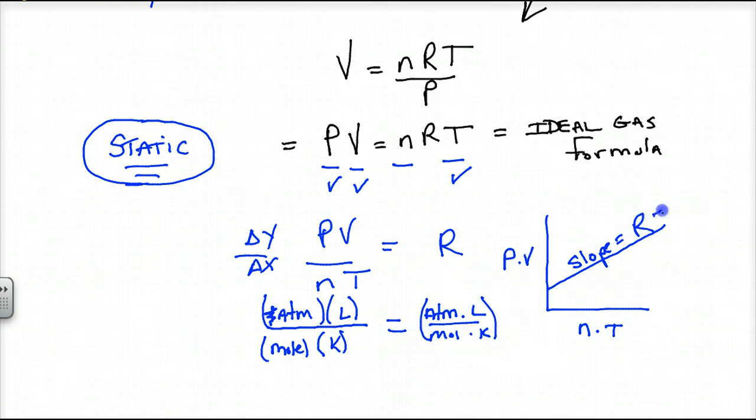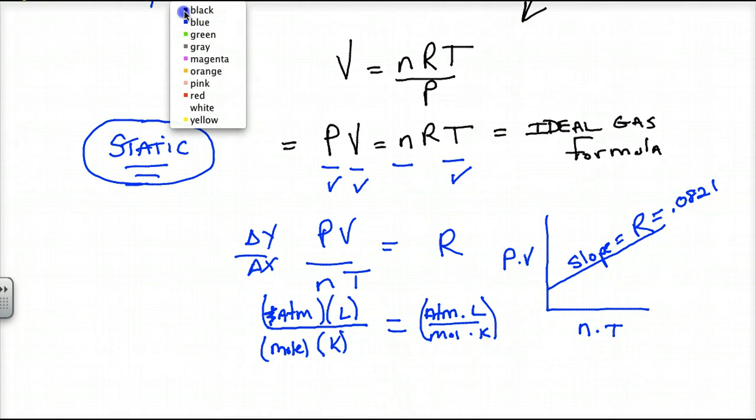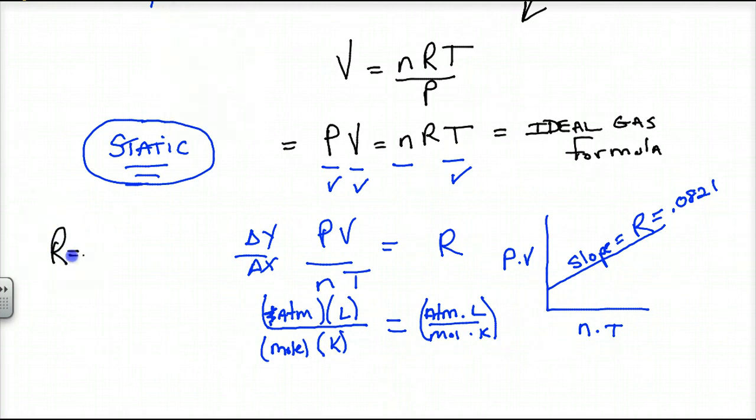Now, what is R equal to? Well, using these units, it's 0.0821. So the universal gas constant that you're going to be using initially, R, is equal to 0.0821 atmospheres liters per mole kelvin.